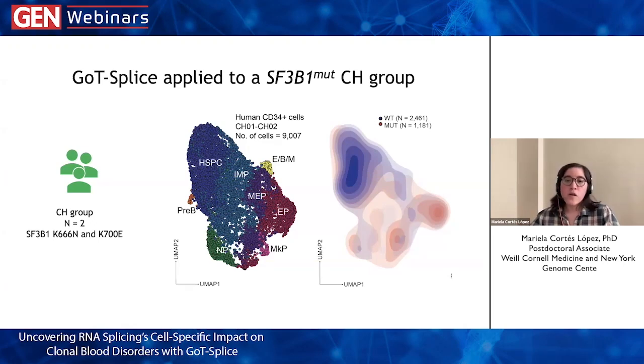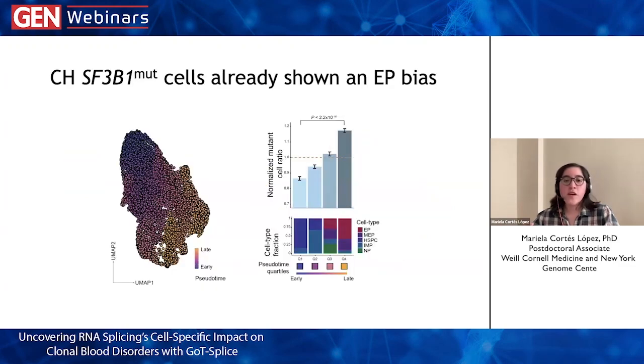Here also, a striking observation that we got was that erythroprogenitors tend to also be the ones that accumulate more mutants. This was also measured through the pseudotime.